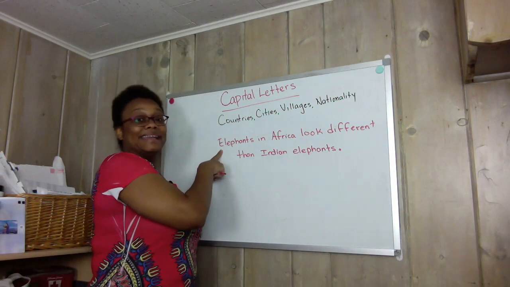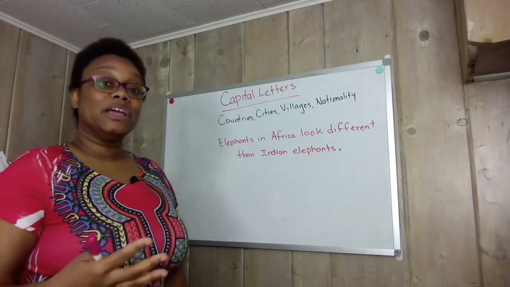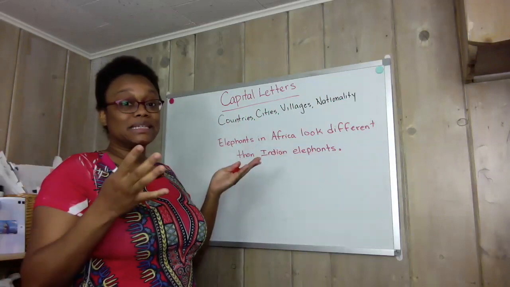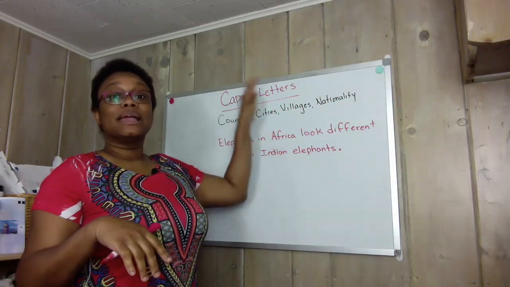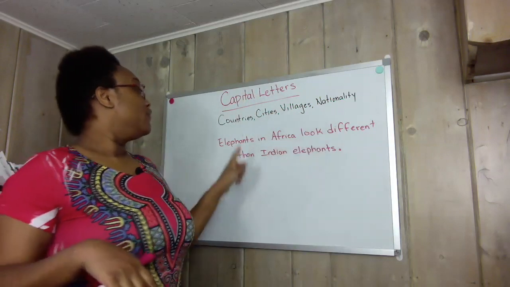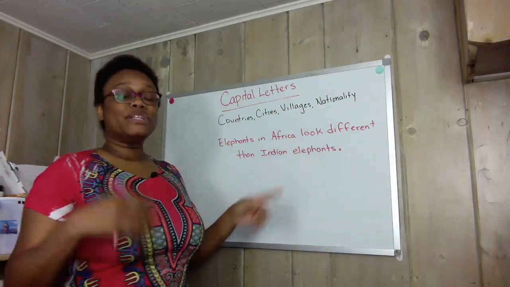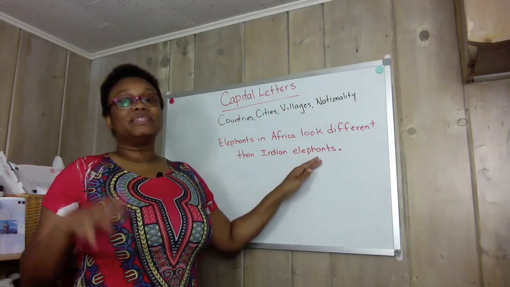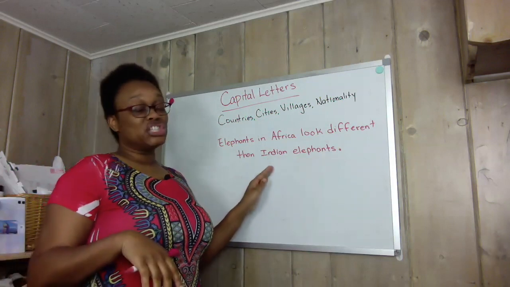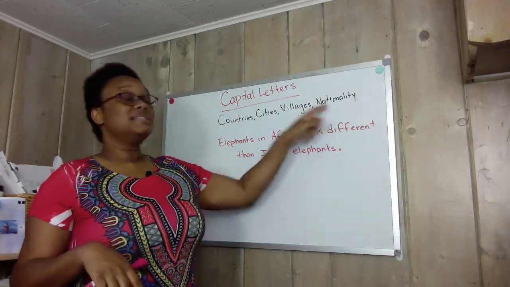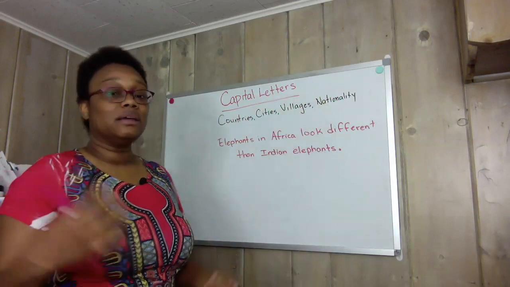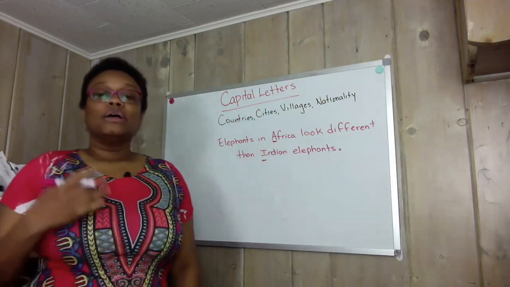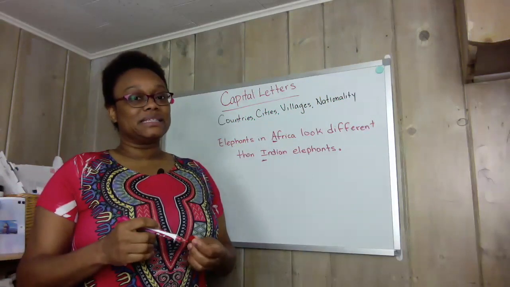Of course, the E in elephants gets capitalized because it's the beginning of the sentence, but Africa refers to the continent, okay? So that is capitalized. Looks different from Indian elephants. Here, remember I talked about the proper adjectives? Indian is describing the type of elephant. This is an adjective. It is proper because it is connected to a nationality. So Africa and Indian get capitalized in the sentence.